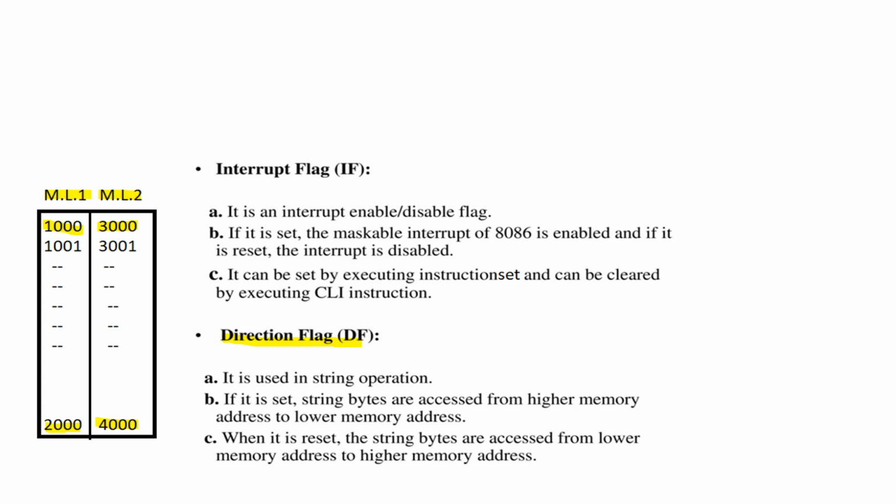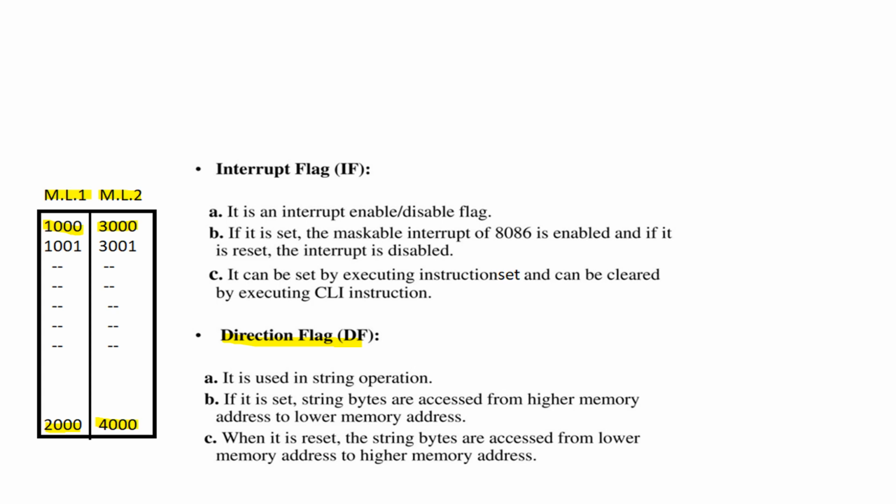When you want to transfer a string of data, bulk data, from address 1000 to 2000, I'm incrementing the address: 1000, 1001, 1002 like that. The data available from 1000 to 2000 will be bulk transferred to memory location 2, from 3000 to 4000, again incrementing the address.